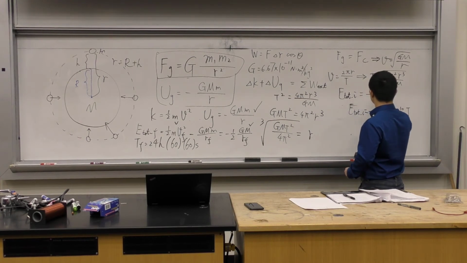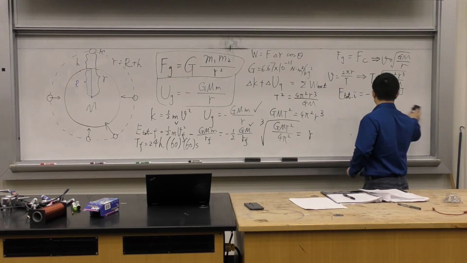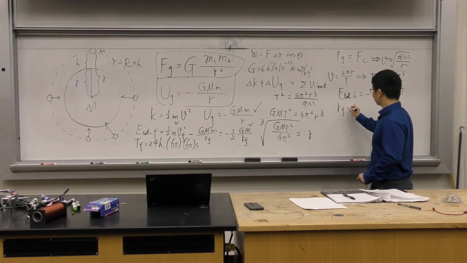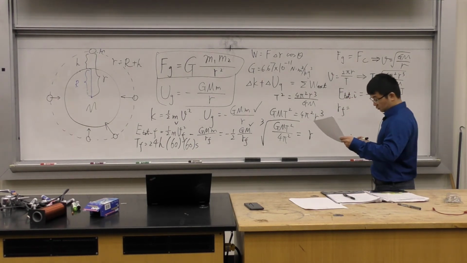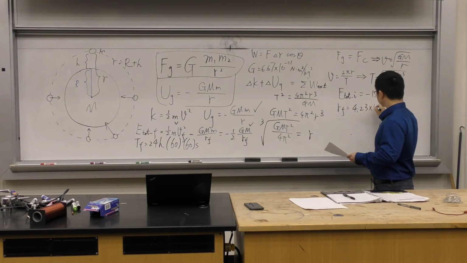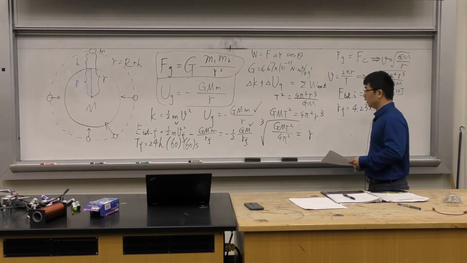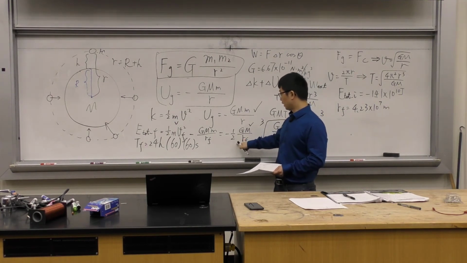So this is the initial energy I need. So I just found RF, it's going to be 4.23 times 10 to the 7th meters, right? And this is already little RF, so I can just plug in. This is not height, right?